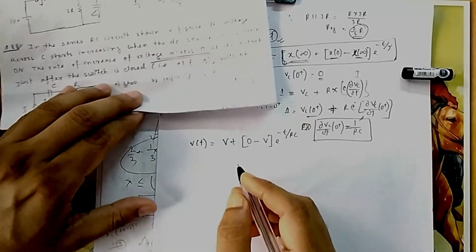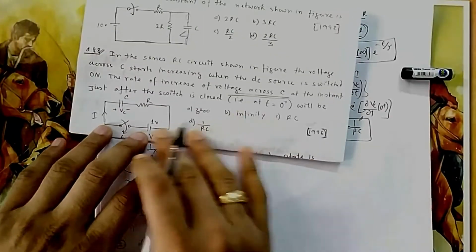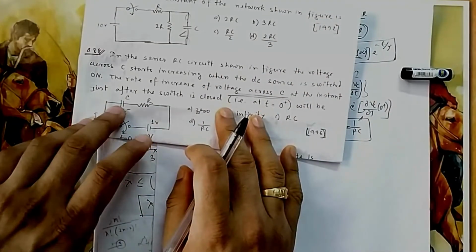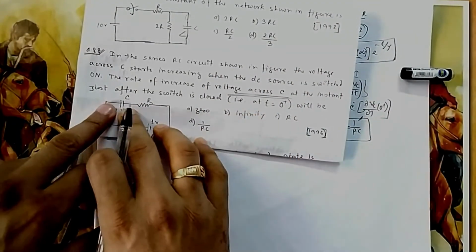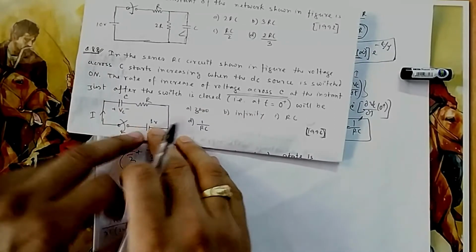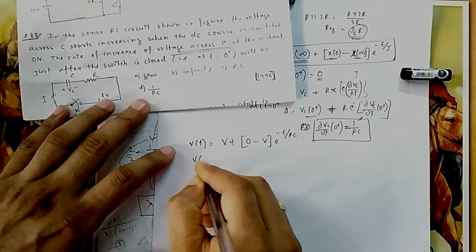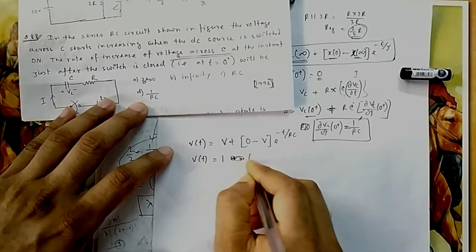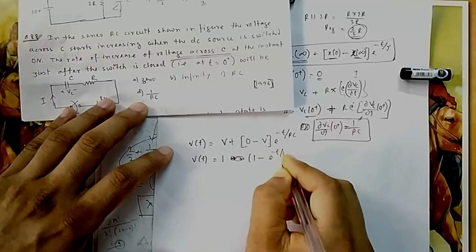Because it is 1 volt and infinite time, this capacitor will also charge up to 1 volt. So you can now put it as 1. If you take 1 common, it is 1 minus e to the power minus t by RC.